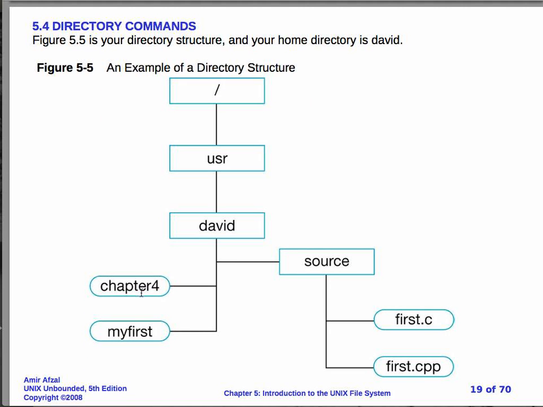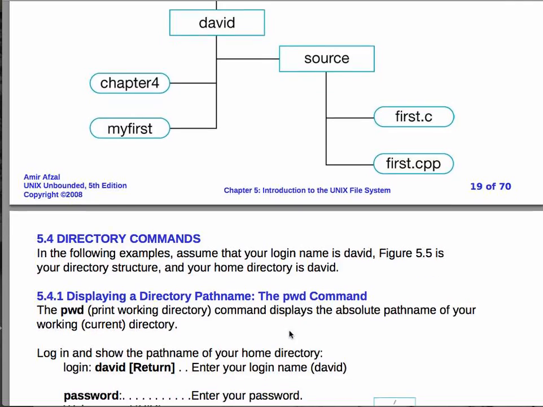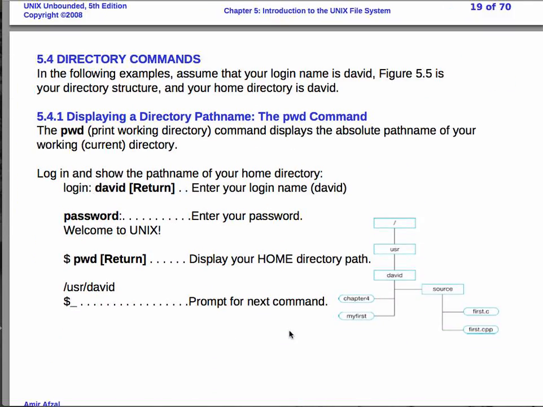Okay. So we will go through a bunch of these examples, or the book goes through a bunch of these examples where you have a fictional file system, an example file system, and we'll take a look at how you go around in this file system.